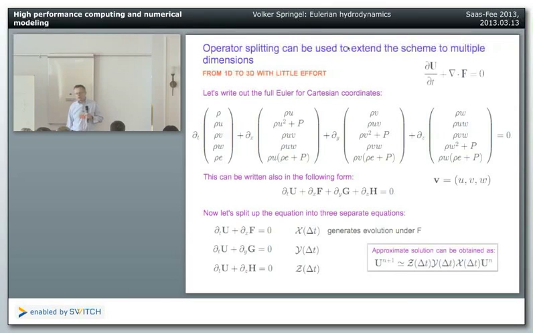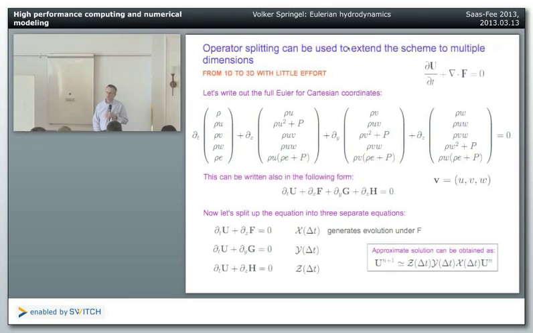You then have to see whether the error it makes is sufficiently small. You can show under certain conditions that the error becomes smaller the finer your grid size and the finer your time step becomes. But sometimes this directional splitting will break the exact isotropic nature of the Euler equations.